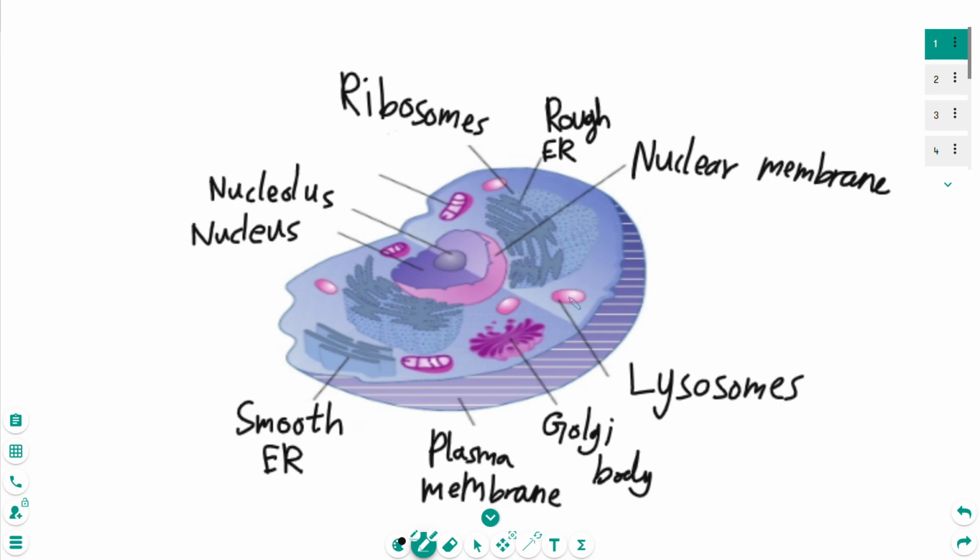If this was a white blood cell, these would contain digestive enzymes and start to break down foreign matter, such as pathogens or any old bits of organelle, mainly pathogens or other foreign matter. And then over here we have mitochondria, which are basically responsible for cellular respiration. And that's it for animal cells.